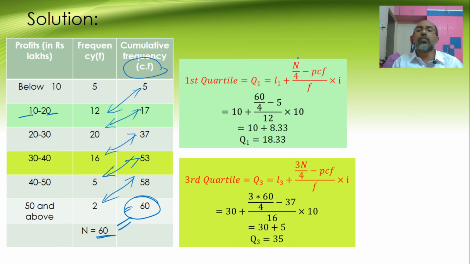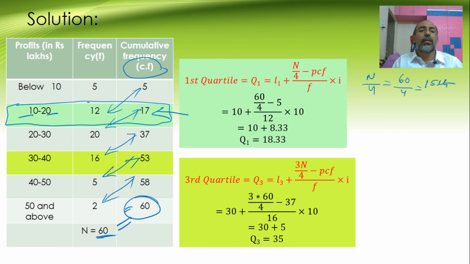The first step is n by 4, that is 60 by 4, so you will get the 15th term. The 15th term is falling in this green color class.